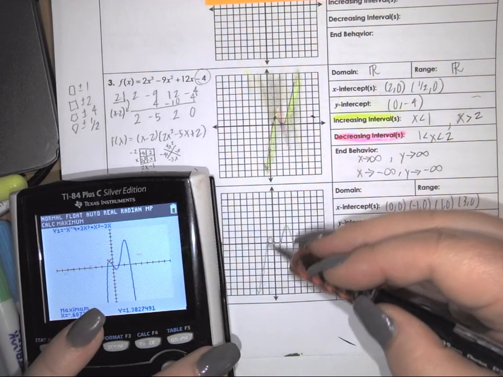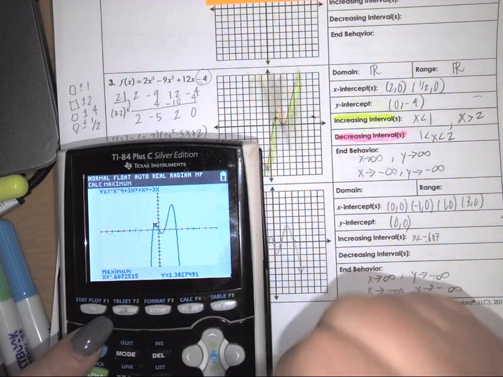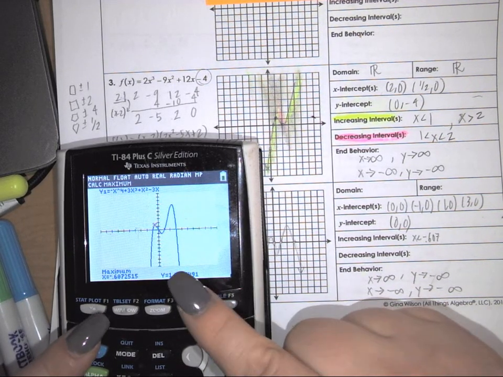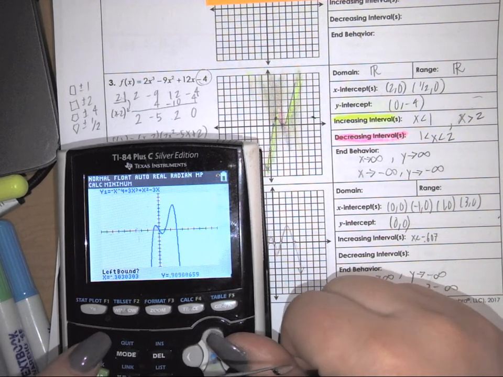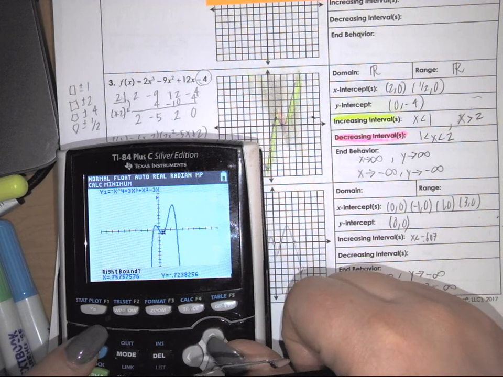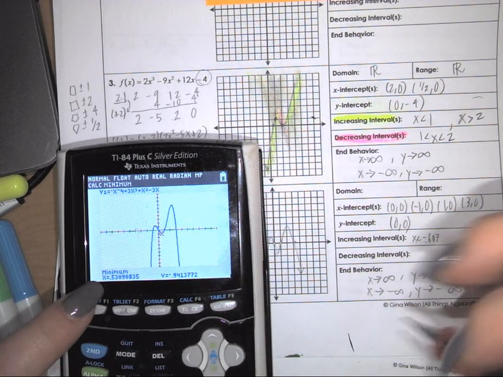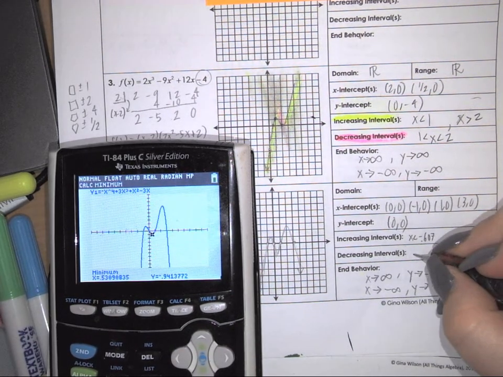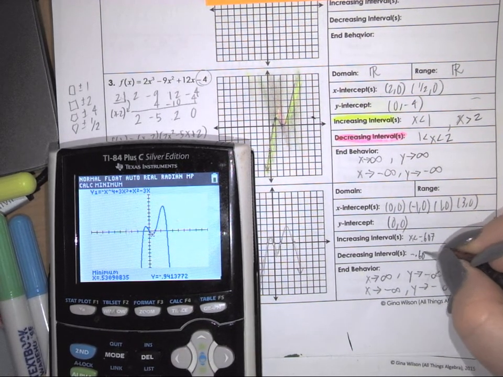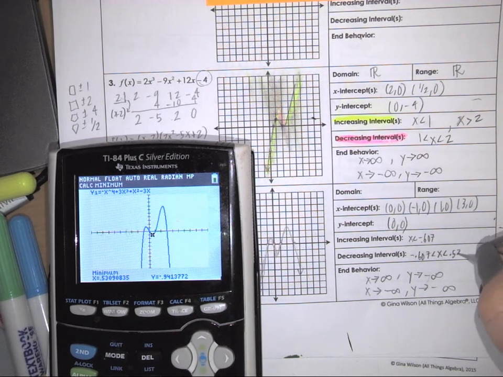So right here. And now we need to find this valley. So we'll find this minimum. So this low point is 0.530. So it's decreasing from -0.607 to 0.530.